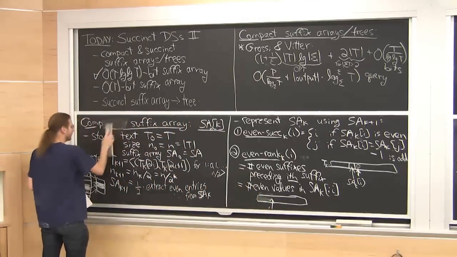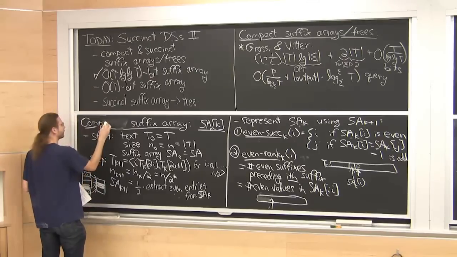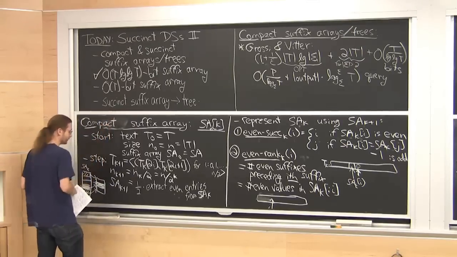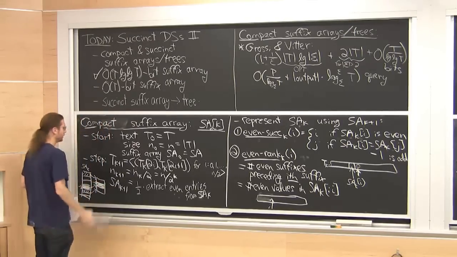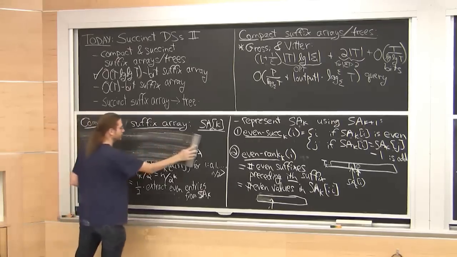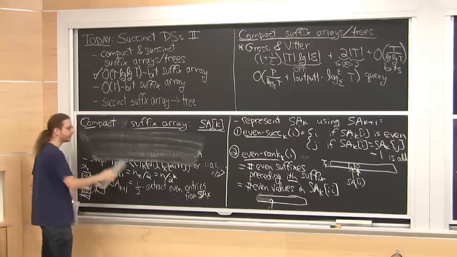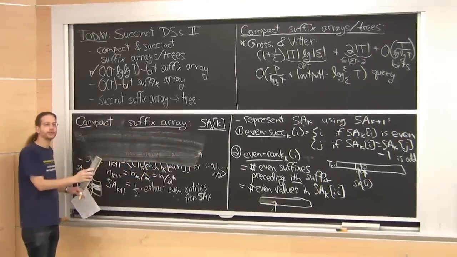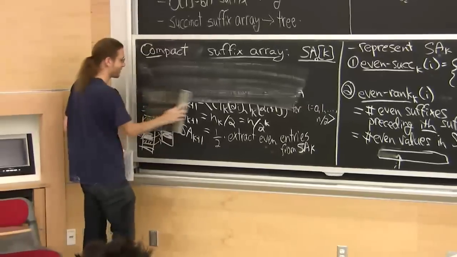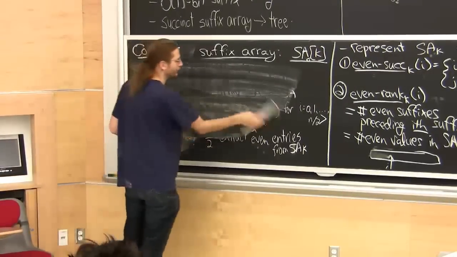Well, now I want a compact suffix array. I'm going to use the same definition. Everything's going to be more or less the same. I just can't afford to store all these levels.